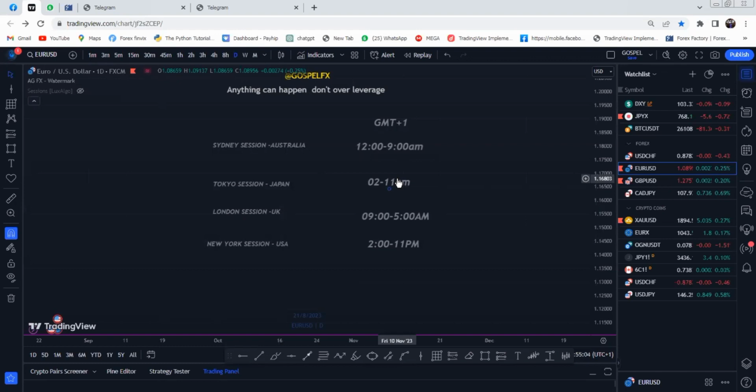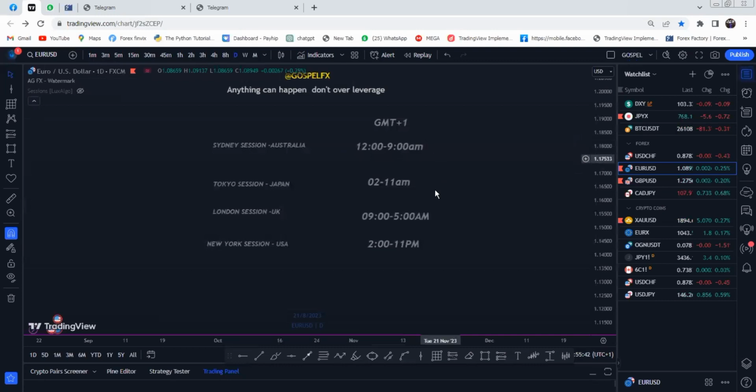So we have the Sydney session, which is based on the Australian states, which opens at 12 a.m. in the night and ends at 9 a.m. Now, the Tokyo session opens at 2 a.m. right down to 11 a.m. You'll notice that the Sydney session ends at 9, but the Tokyo session starts at 2 a.m., which means around 2 a.m. the Tokyo session will open while the Sydney session is still on.